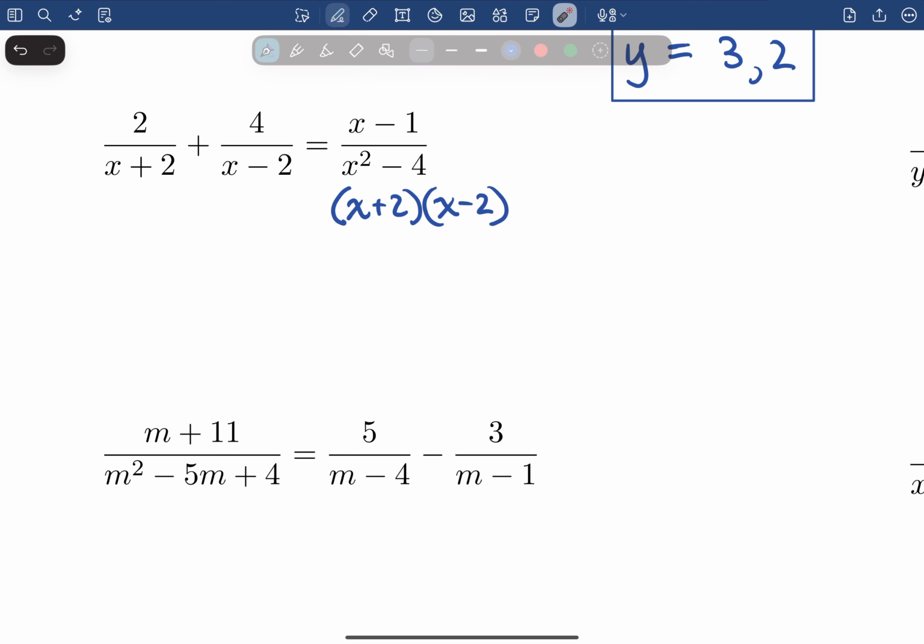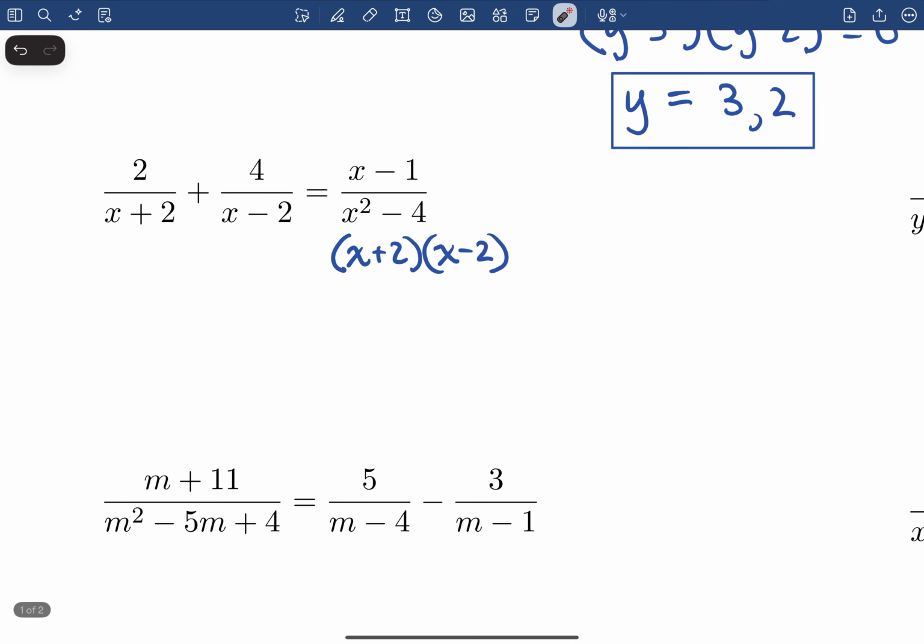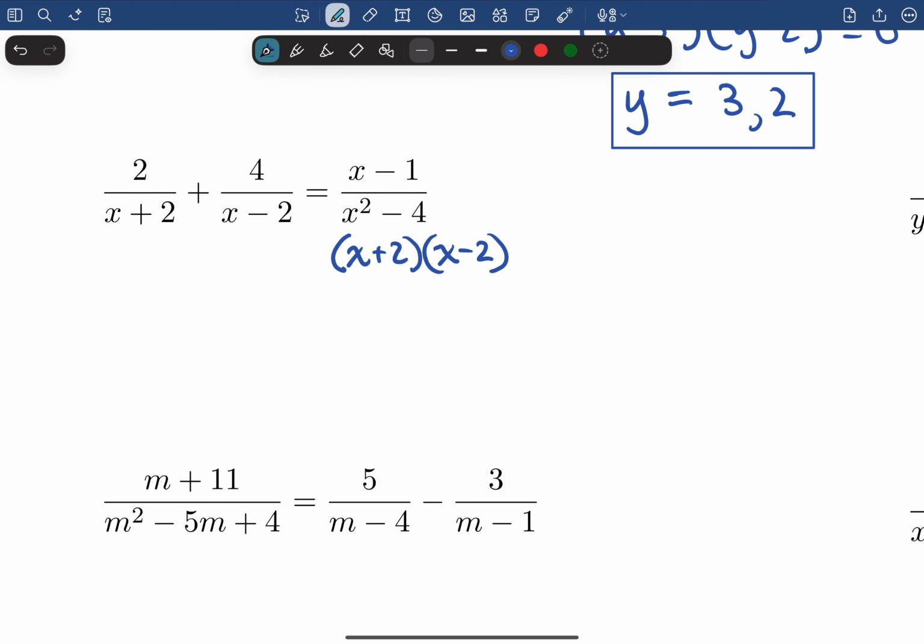All right, so x squared minus 4 factors to x plus 2 times x minus 2, which is interesting because I've already got a factor of x plus 2 and another factor of x minus 2 in these denominators. So the question comes up, what values of the variable x cause the denominator to equal 0?